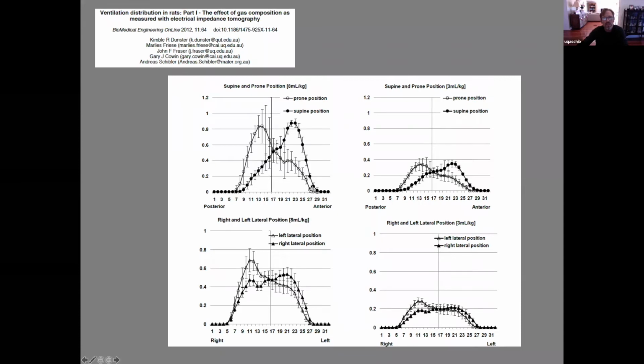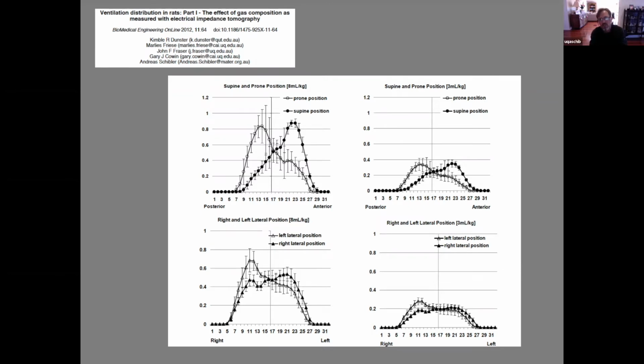But what we did as well in this rat study is we proned and supined these rats and used different tidal volumes. We did the same with tidal volumes in lateral position. And you can see that position-dependent ventilation distribution is very important.